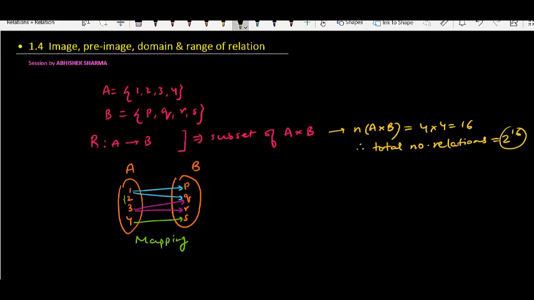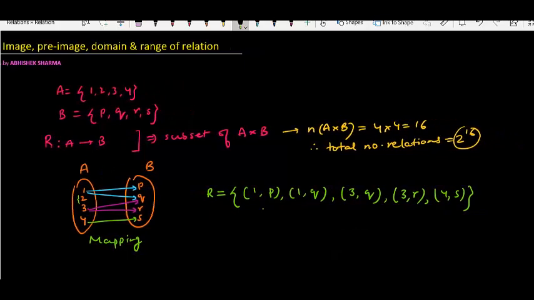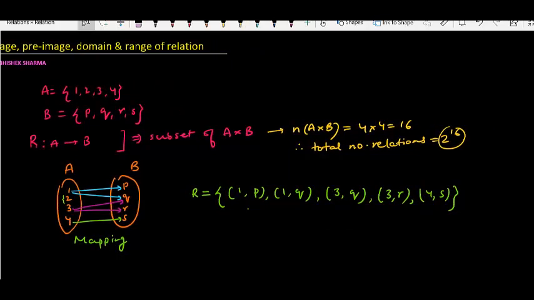So in the roster form, the relation R becomes: 1 relates with P, 1 relates with Q, 3 relates to Q, 3 relates to R, and 4 relates to S. So this is our relation, and this is one of the relations from the total 2 to the power 16.